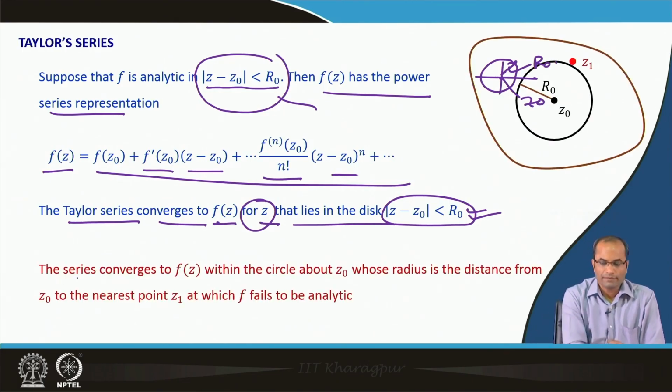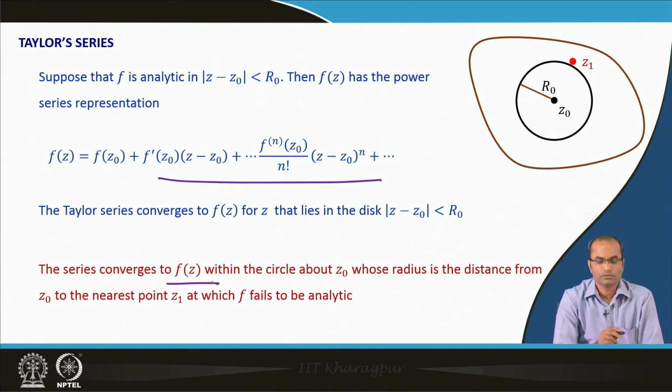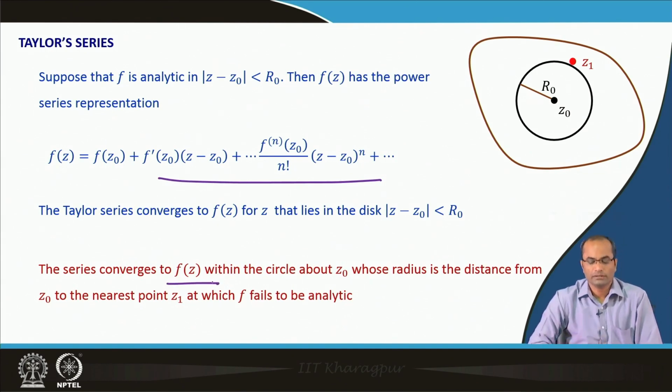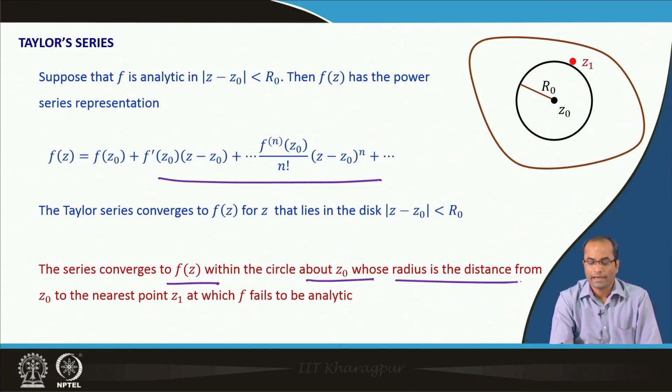And we have also discussed that the Taylor series converges to f(z) within the circle about z 0, and the maximum radius of this circle can go up to the nearest point where f fails to be analytic, as visualized here.